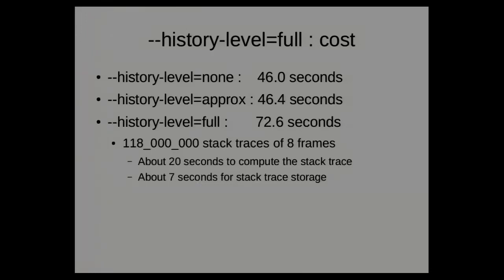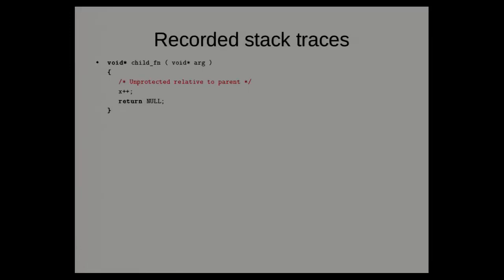With this application, we have about 120 million stack traces of 8 frames that had to be computed, and in the measurement I did, 20 seconds of this additional time is used to compute the stack trace, the unwinding, and 7 seconds is needed by the overhead of storing them somewhere in a specialized data structure. So we see that a lot of the cost of the history equal full is the unwinding, and a part of the cost is the storage.